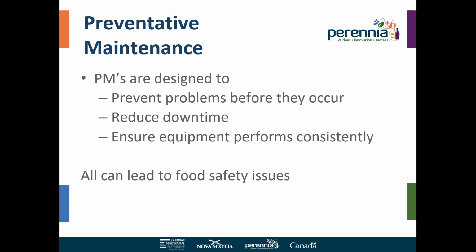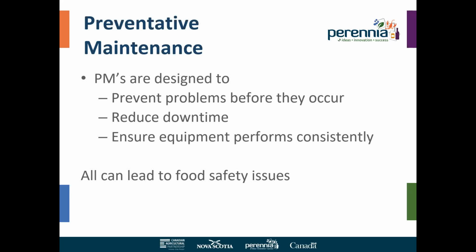So why do we do preventative maintenance? Preventative maintenance is different than reactive. Reactive is when there's a breakdown, then we deal with it. We want to do preventative maintenance so that we are reducing downtime and preventing problems before they occur.